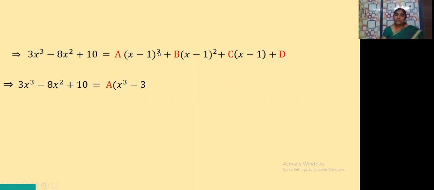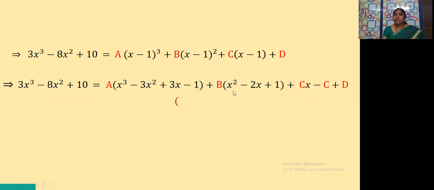So what is the formula? a cube minus 3a square b plus 3ab square minus b cube. According to that formula we are expanding this: x cube minus 3x square plus 3x minus 1, plus B into, it is (a minus b) whole square, that is x square minus 2x plus 1, plus Cx minus C plus D. Okay.